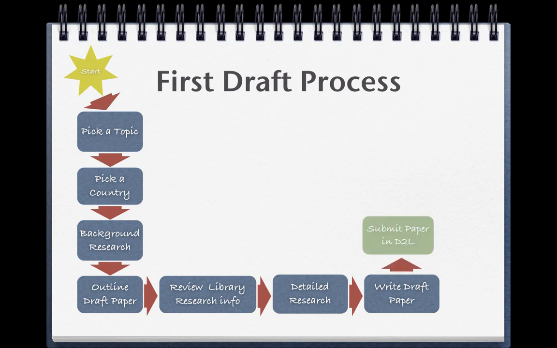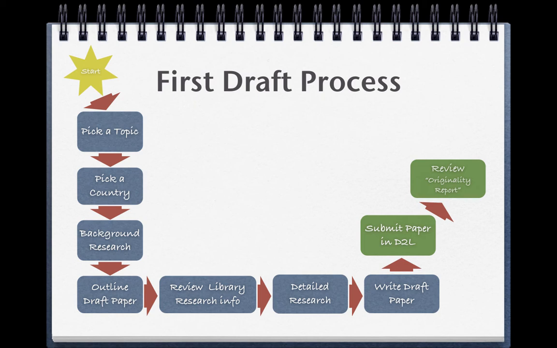Your first draft you need to submit in D2L. You go to the Dropbox in D2L and submit your paper for draft number 1. Once you've submitted that paper, it is going to take a few minutes and come back and give you an originality report.